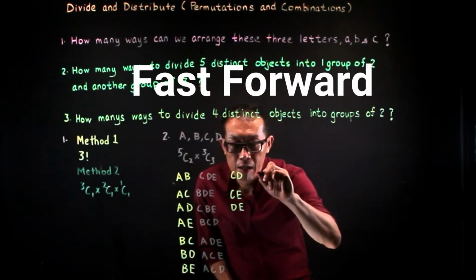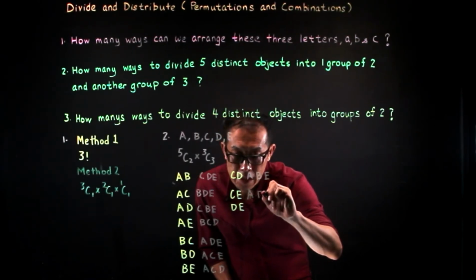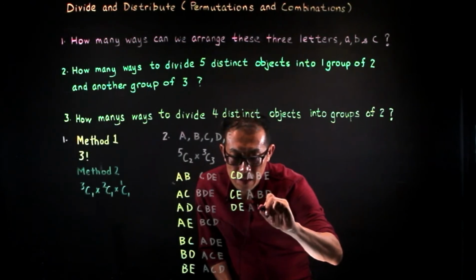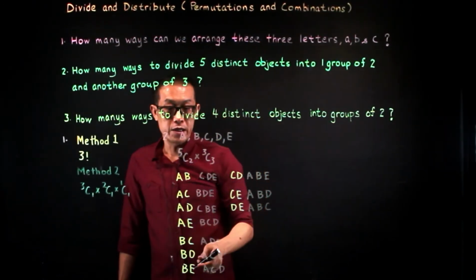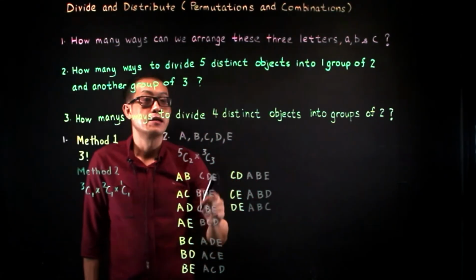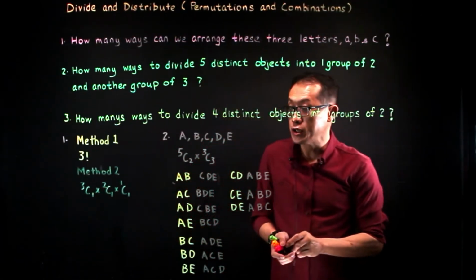Now let's see, you have A, B, E, and this group, then you have A, B, D. You have A, B, C. So altogether you have 1, 2, 3, 4, 5, 6, 7, 8, 9, 10. 10 of them. Now let's move on to question 3.